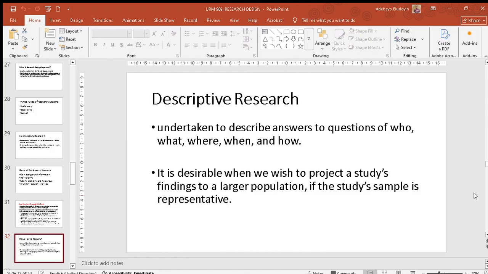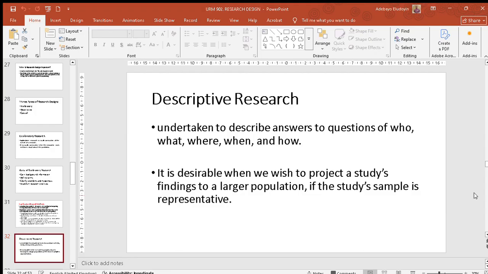So the other type that we have is descriptive research. Descriptive research is suitable for anyone conducting a research where the questions who, what, where, when, and how are being asked. This is more generic than the exploratory research, and this one can make use of either qualitative or quantitative research approach.